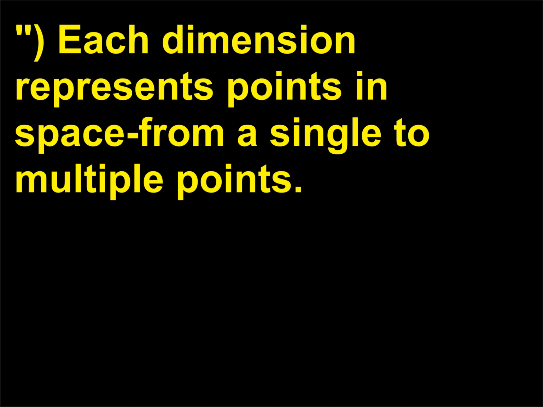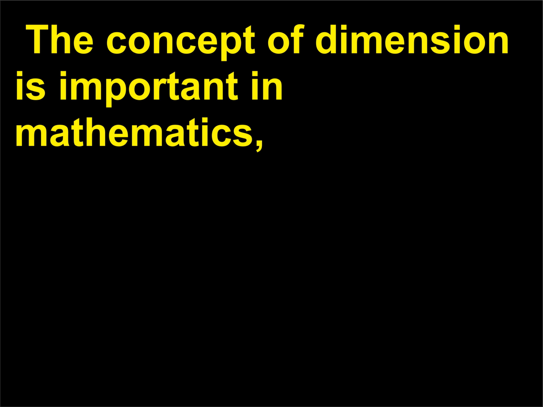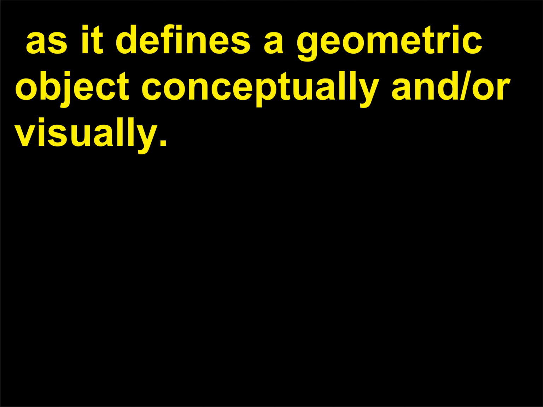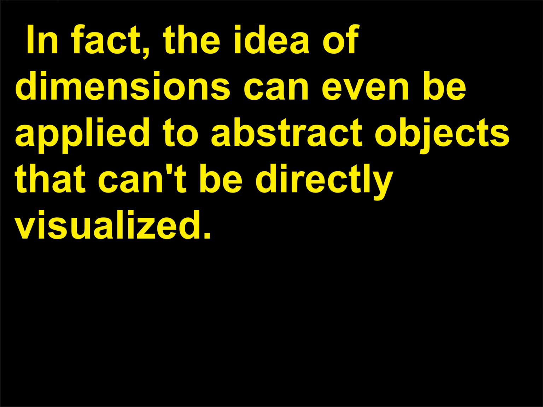Each dimension represents points in space from a single to multiple points. The concept of dimension is important in mathematics, as it defines a geometric object conceptually and/or visually. In fact, the idea of dimensions can even be applied to abstract objects that can't be directly visualized.